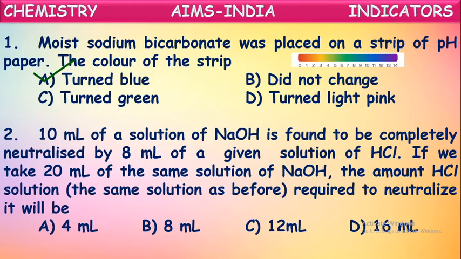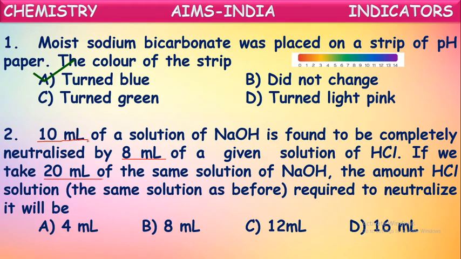If we take 20 ml of the same solution of sodium hydroxide, then the amount of hydrochloric acid solution required to neutralize it will be... If you observe the initial conditions, 10 ml of sodium hydroxide is completely neutralized by 8 ml of hydrochloric acid. From the same solutions, they have now taken 20 ml of sodium hydroxide.